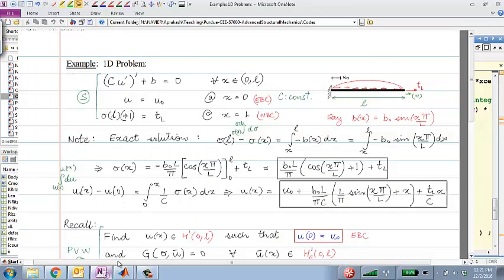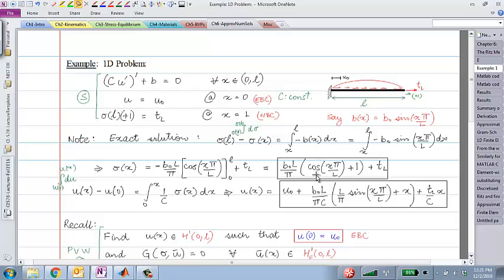But the reason is that if you look at the exact solution, it's a cosine type term, right? Cosine can be approximated with 1 plus x square plus x to the 4 and so on. So it should not get any contribution from x to the power 3 terms. So that's why this cubic term does not improve the solution at all.